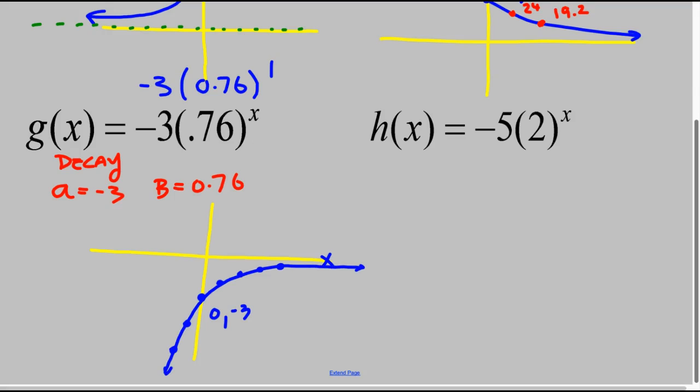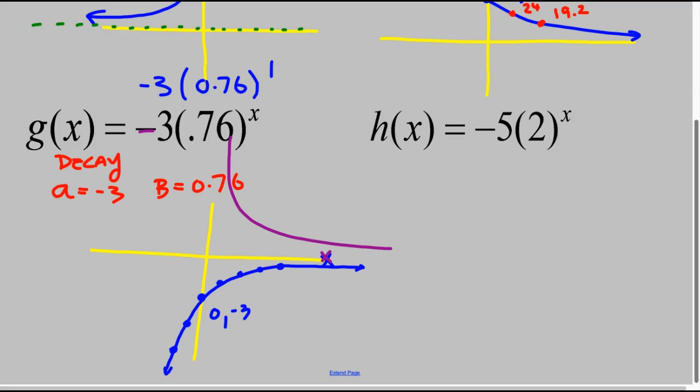Which kind of makes sense if I think about my transformation rules, because there's a negative right here. Is that negative with the x or with the y? Is it going to the power with the x? No, it's not. It's actually with the y. So it's like we had an exponential decay, but it was flipped over the x-axis, right?